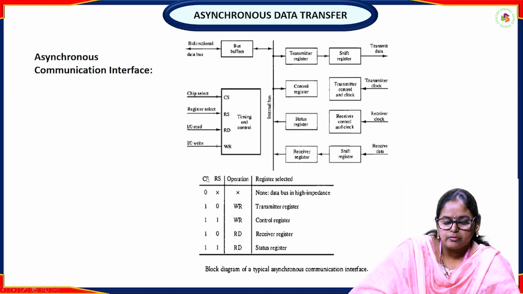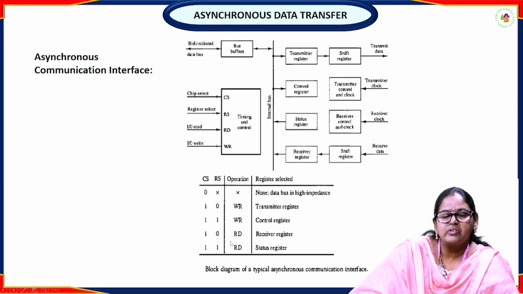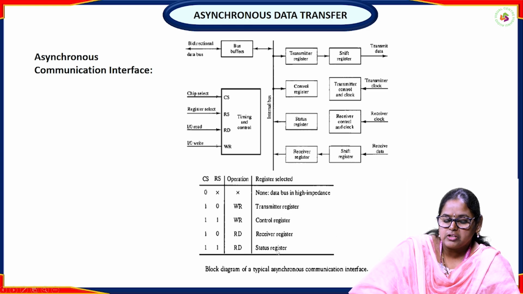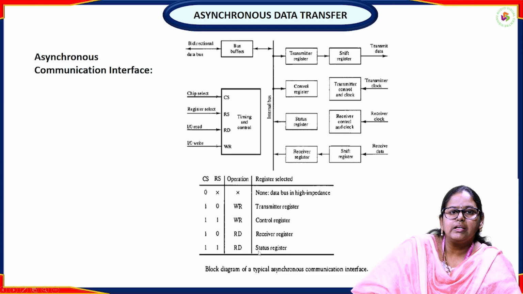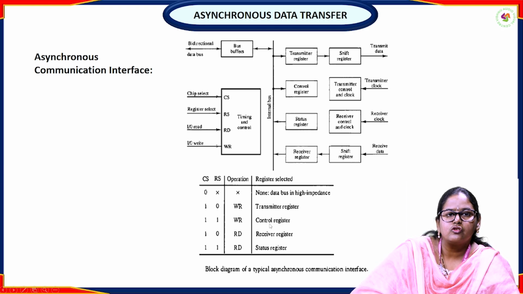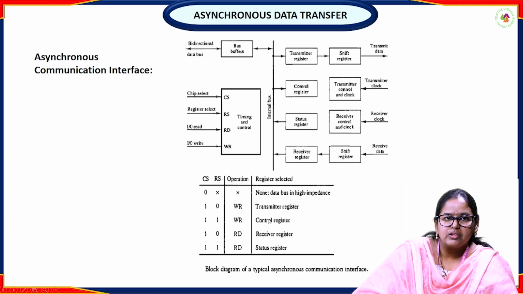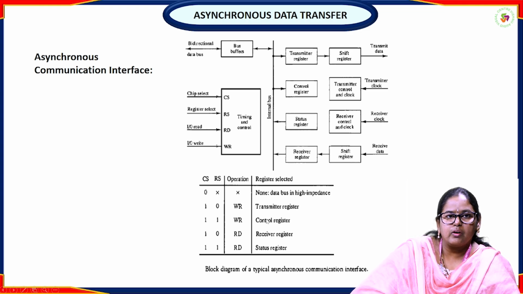Coming to the next one, CS is equal to 1 and RS is equal to 1. Again it performs a read operation over the information stored in the status register. Usually control information is stored in the control register, like what kind of operation it is performing, whether the read operation or the write operation.